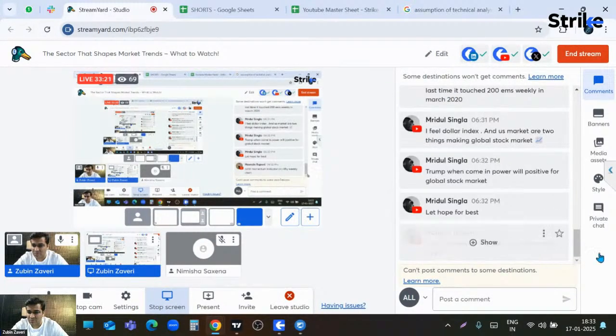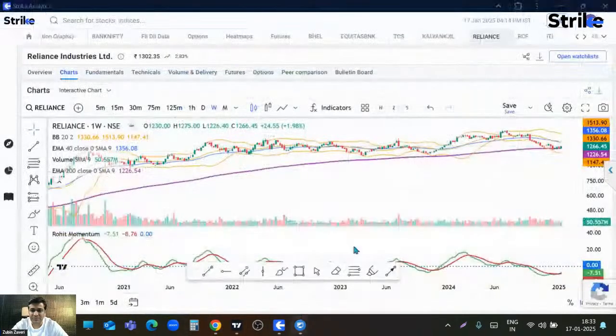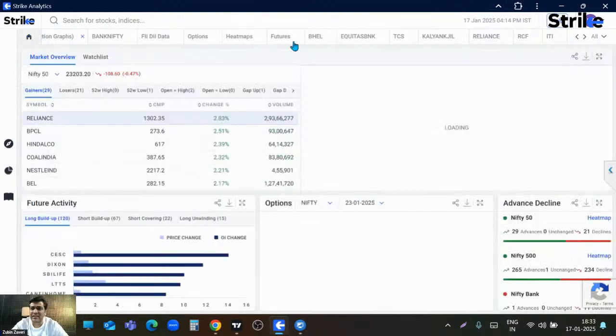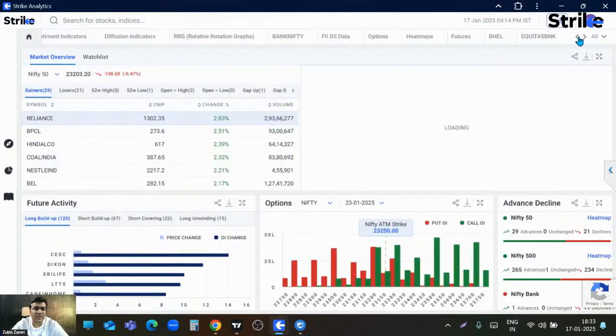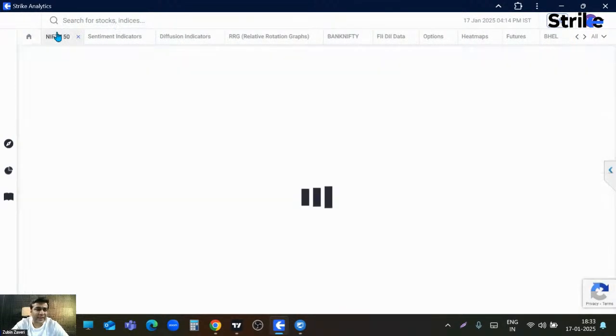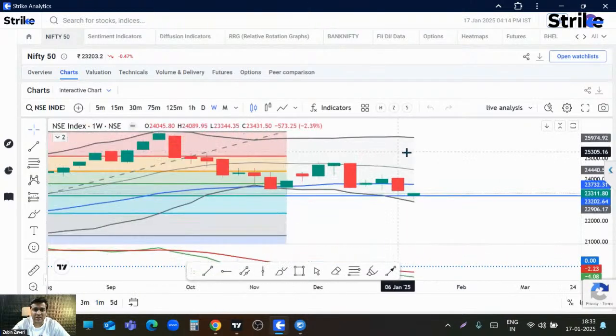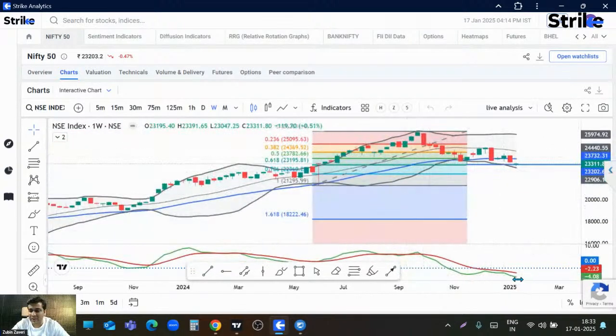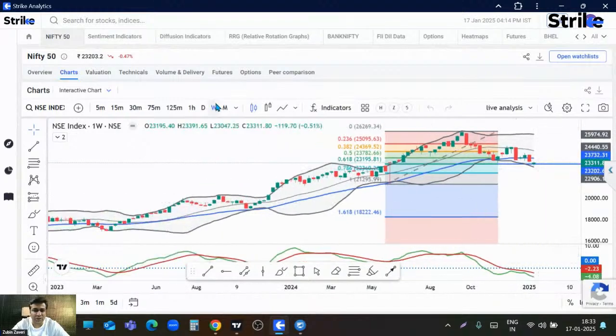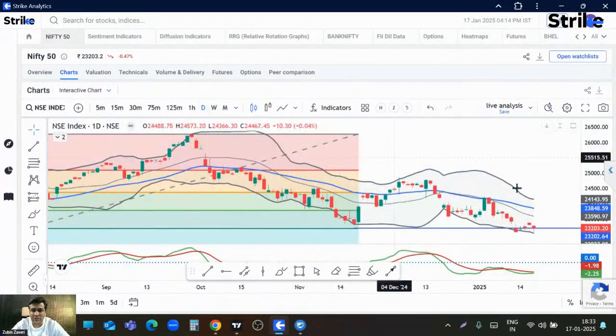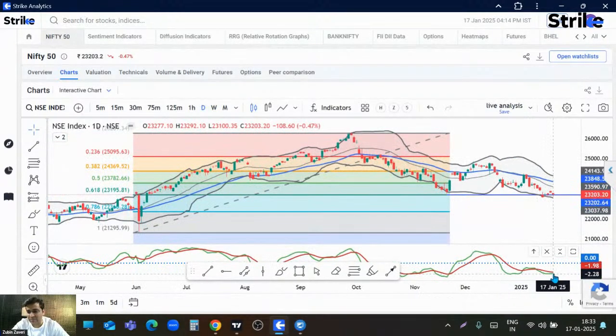Rohit, momentum on the Nifty weekly chart. I showed you. Let me show you once again, and then we can end the session. So Nifty on the weekly time frame chart, the momentum indicator is in a bearish mode, and on the daily time frame chart, it is still in a bearish mode, but it's flattened out.